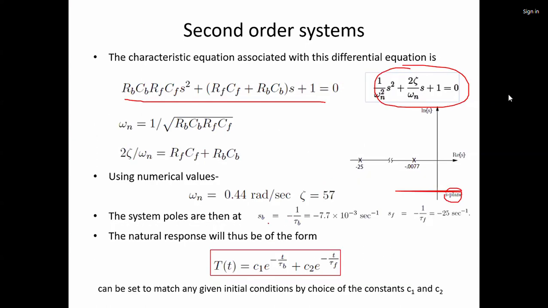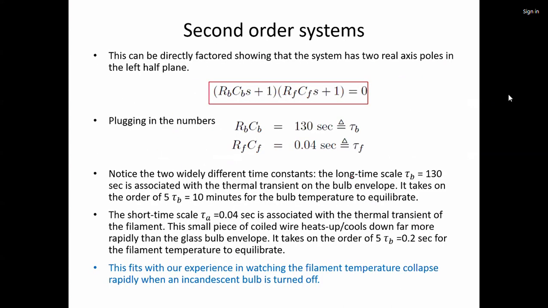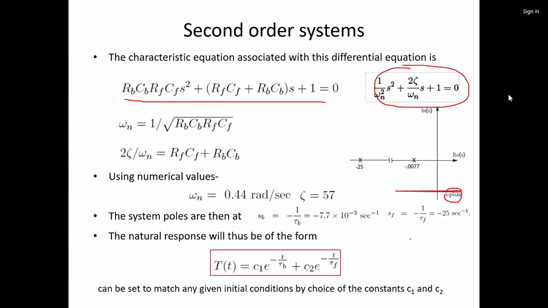So sB is minus 1 over tau b, which is minus 7.1 into 10 to the minus 3 per second. And sF is basically minus 1 over tau f. Tau f is 0.04 second, so sF is about 25 per second. This is about 7.7 into 10 to the minus 3 hertz, and this is about 25 hertz.